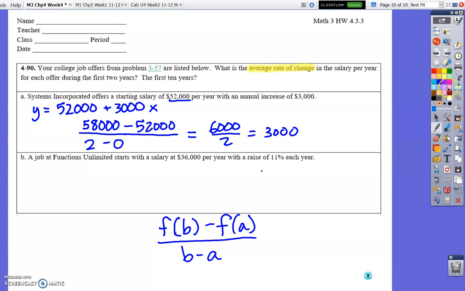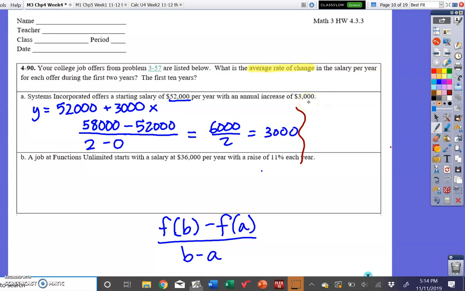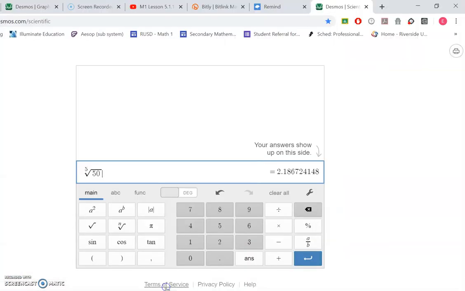For the first 10 years, the only thing that will change is I will be plugging in 10 instead. So when plugging in 10, I'm going to use that calculator I found a minute ago. So 52,000 plus 3,000 times 10.